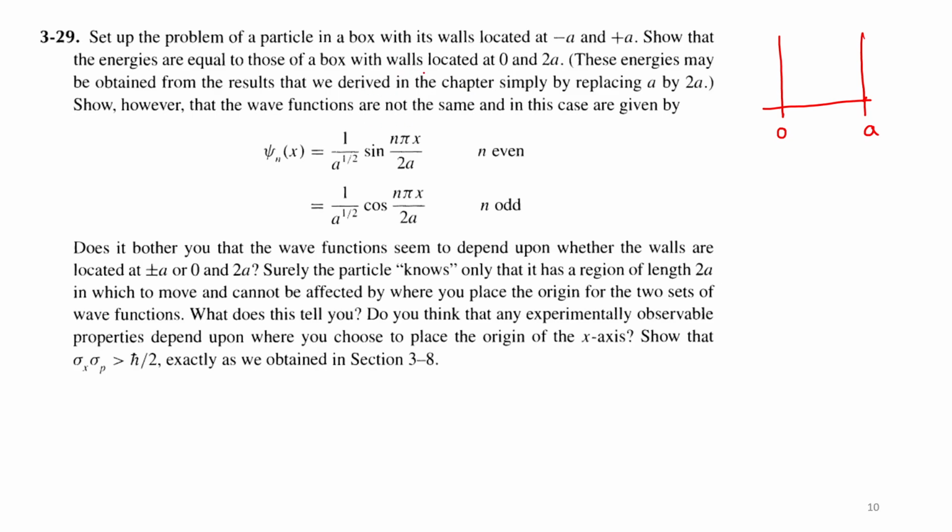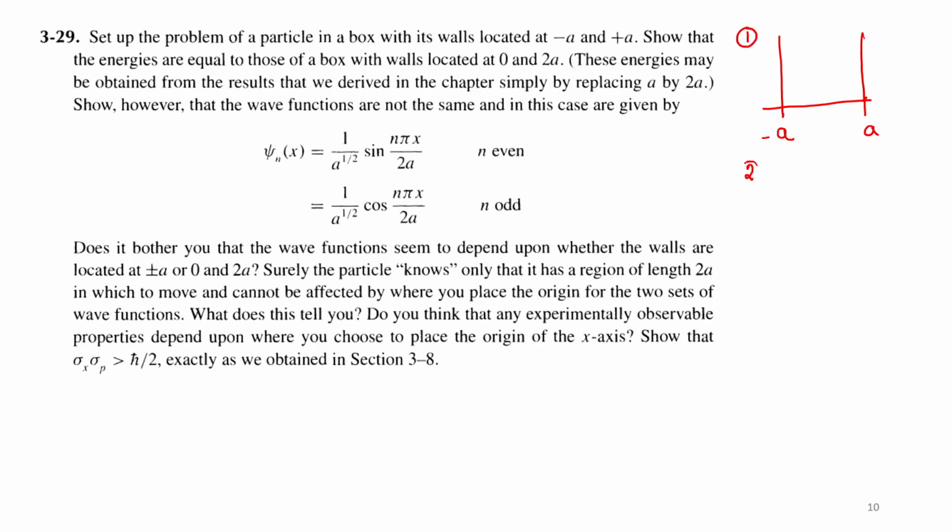In this question they are asking us to get the wave function if the potential walls are at minus a and a instead of 0. Is this part of the question clear? That is question number 1: get the wave functions. Prove the wave function will look like this when the walls are at minus a to a.